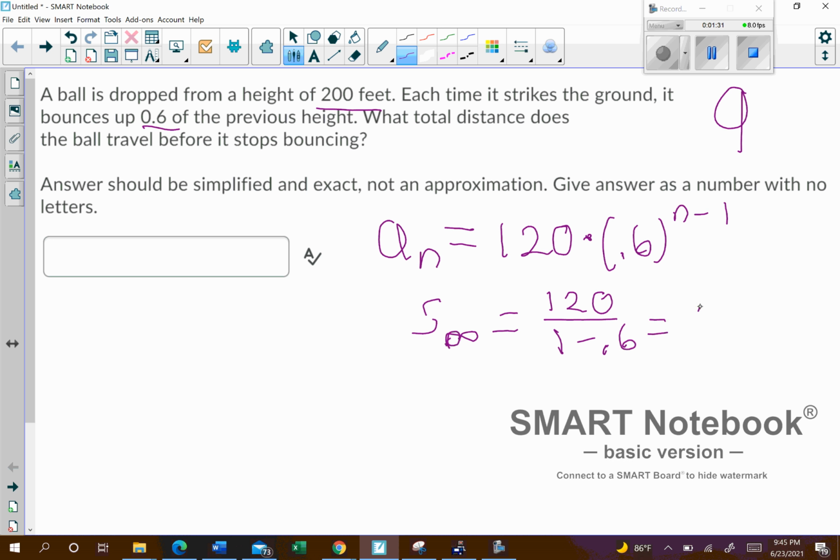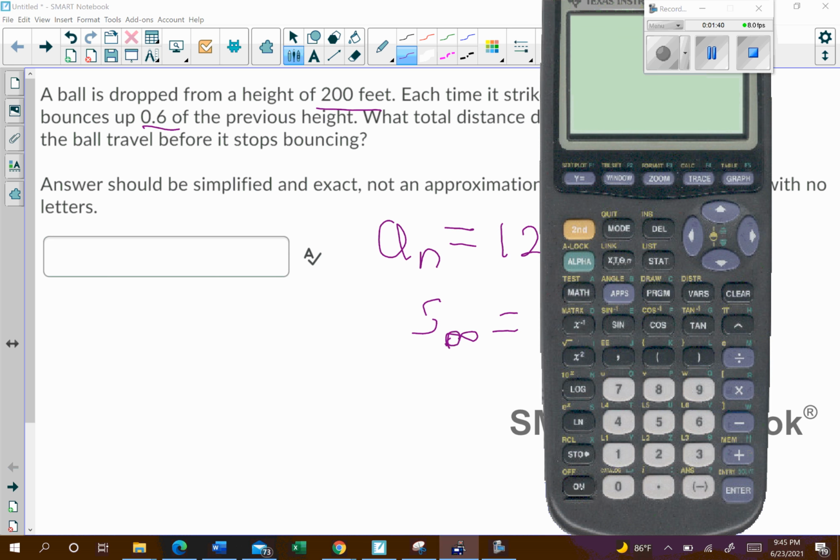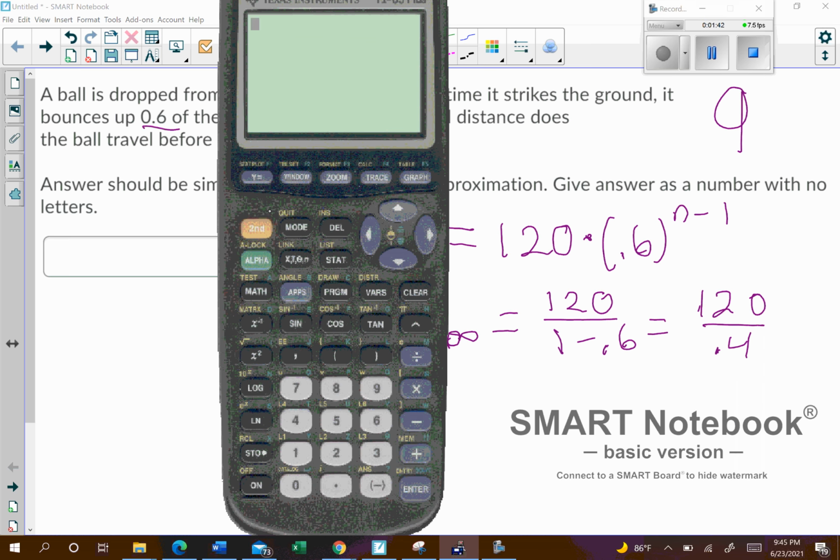So then we end up getting 120 divided by 0.4. And let me pull up my calculator. So let's see, 120 divided by 0.4. And so we get 300.